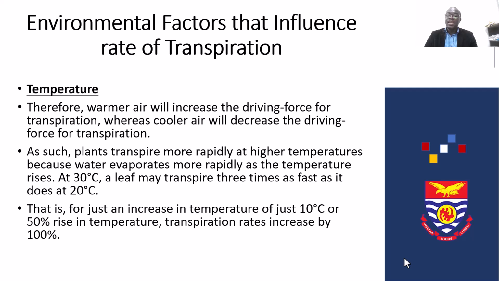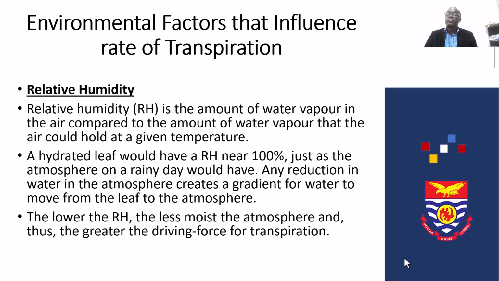That is, for just an increase in temperature of 10 degrees Celsius, or 50% rise in temperature, transpiration rates increase by 100%. Relative humidity is the amount of water vapor in the air compared to the amount of water vapor that the air could hold at a given temperature. A hydrated leaf would have a relative humidity near 100%, just as the atmosphere on a rainy day would have.